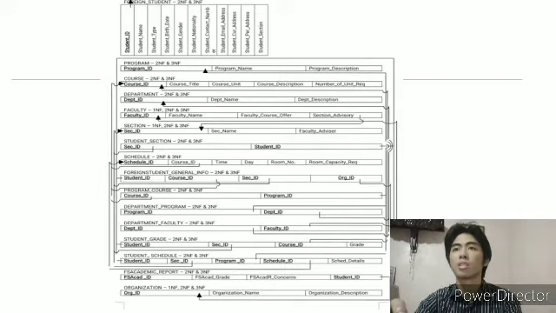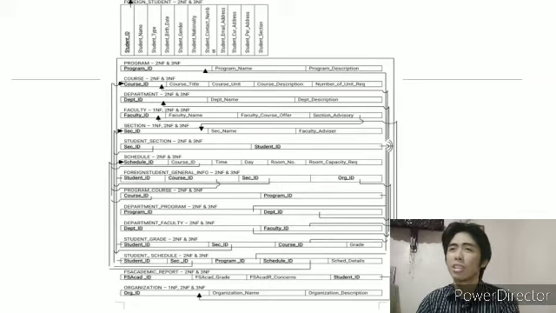Next table is schedule. Course ID is a reference to course ID from the course table. Next, the foreign student general information table. The student ID is a reference to student ID from the foreign student table. Program course ID is a reference to program ID from the program course table.